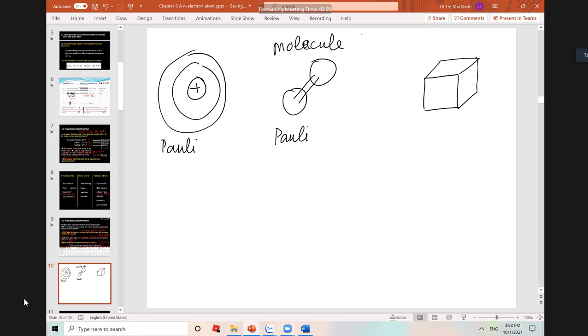So in this system, there are no two electrons that have the same four quantum numbers. And even when you have a solid with three dimensions, L1, L2, and L3, you also can apply the Pauli exclusion principle.